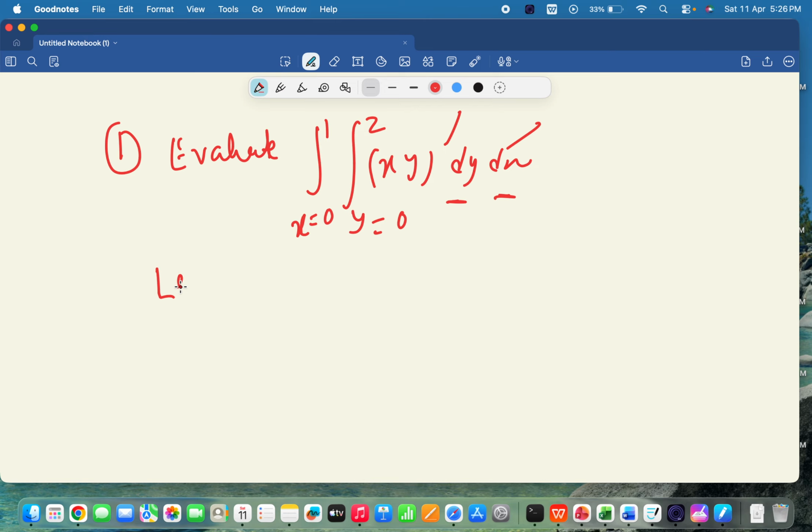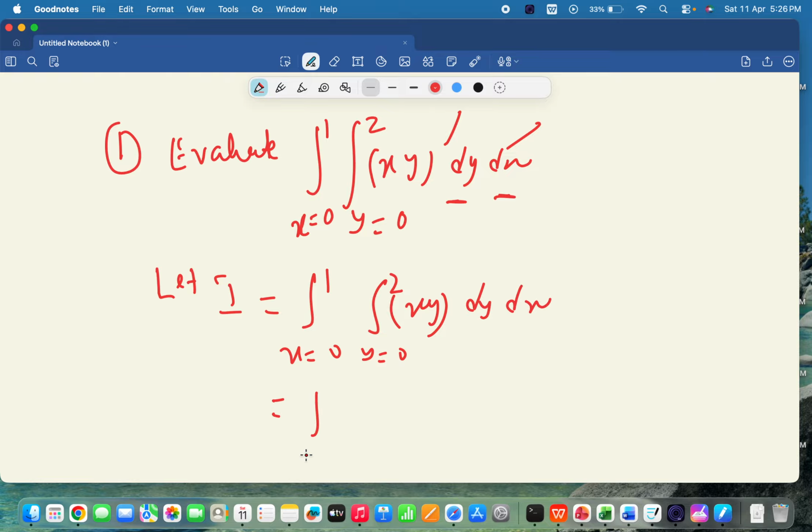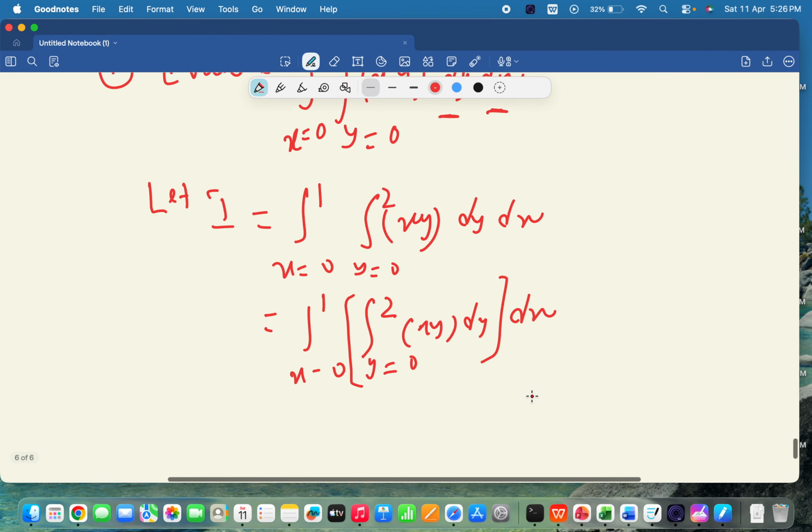Like I assume that I is equal to x from 0 to 1 and y from 0 to 2 of xy, integration with respect to dy and dx. So firstly I will solve this limit 0 to 2, x into y dy, and then I will solve with dx.